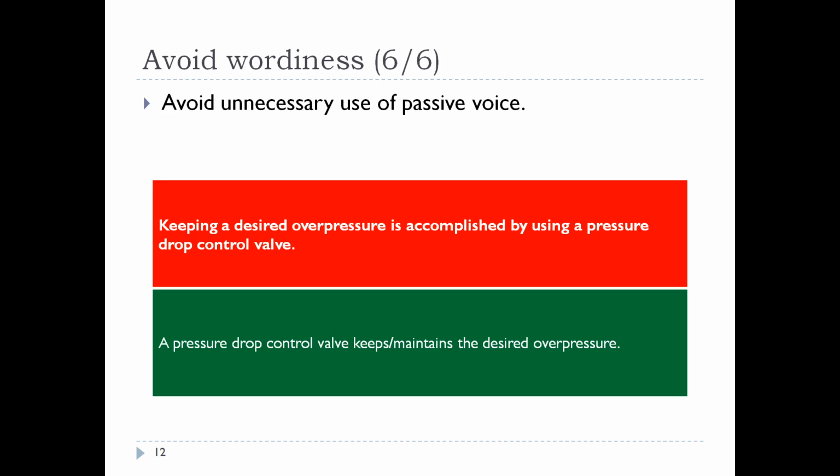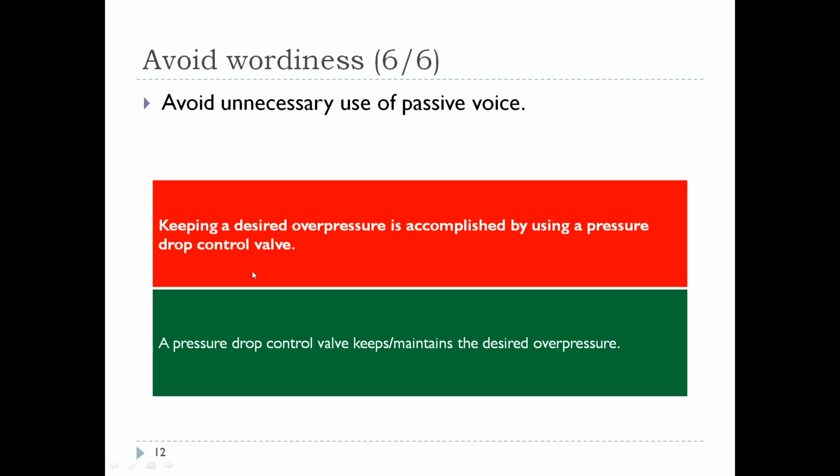The emphasis is on keeping on, and the subject which actually does that, the pressure drop control valve, is presented as the object. So there is less emphasis on that. Now if you're talking about some process where talking about the desired overpressure is more important, then maybe the passive voice is fine.